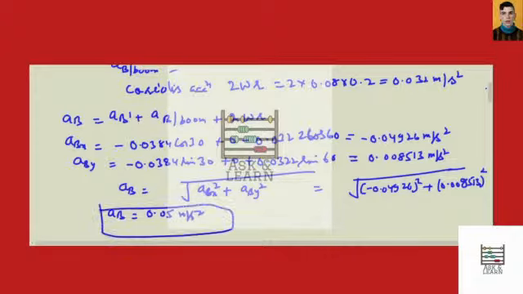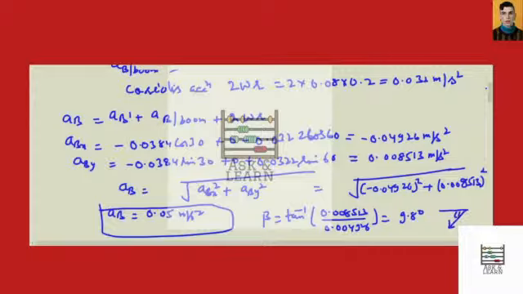And it will be in the direction theta equal to tan inverse of 0.08513 upon 0.004926.